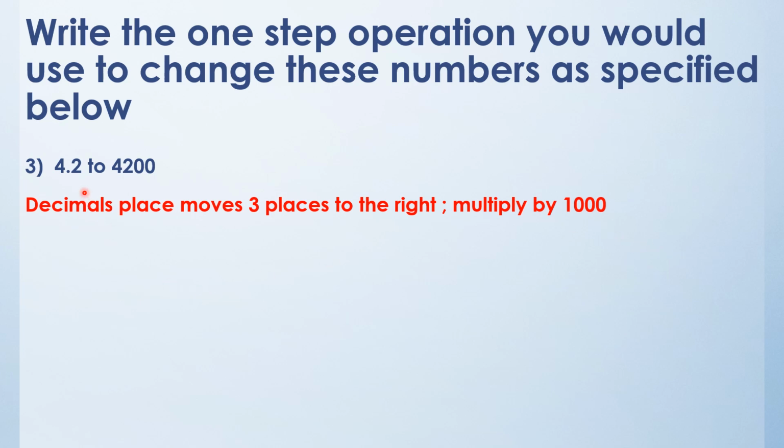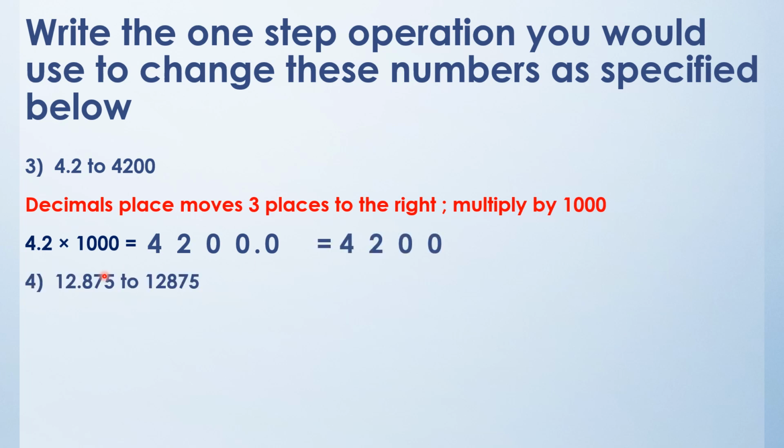So let us multiply 4.2 by 1000 just by ignoring the decimal point. What you will get? 42000. Now put the decimal after one place, so it means the decimal will be here. So your product is 4200.